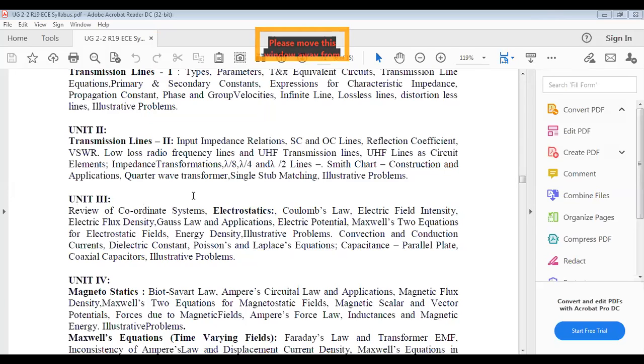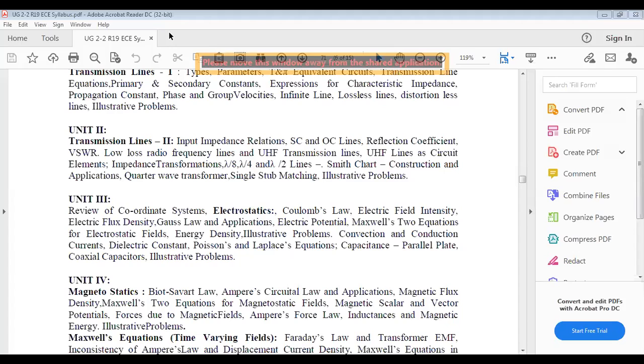What are the different coordinate systems available? What is the purpose of those coordinate systems?